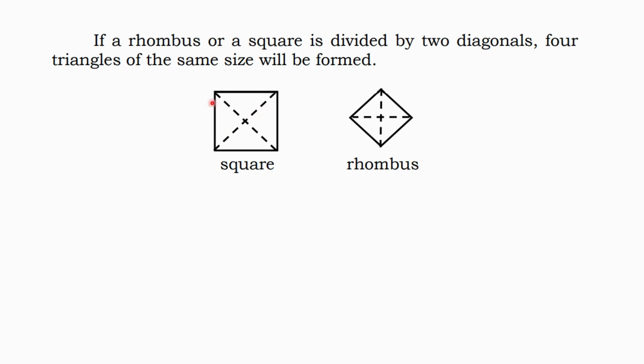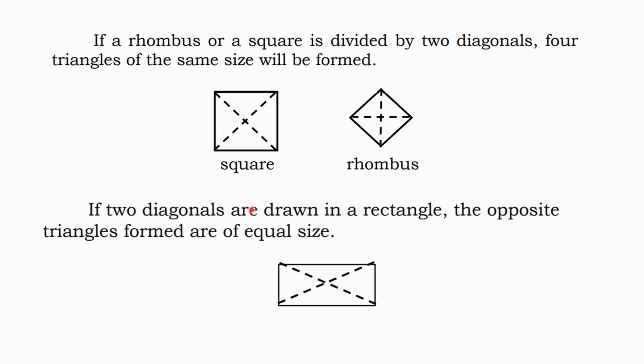Okay, we have four triangles: 1, 2, 3, and 4. How about for the rhombus? We divide it by two diagonals, and boom, there are four triangles inside the rhombus.